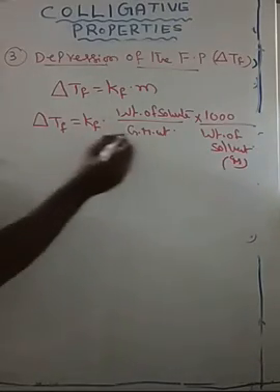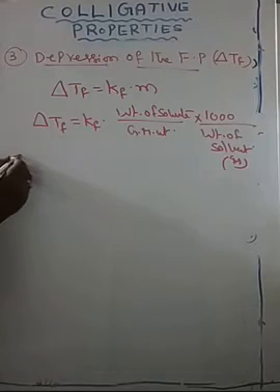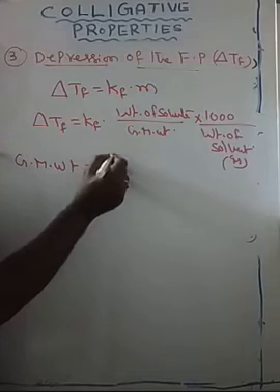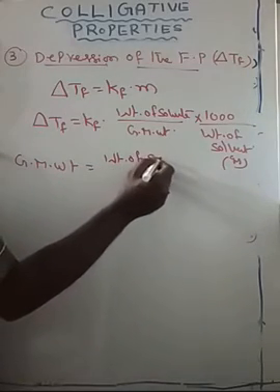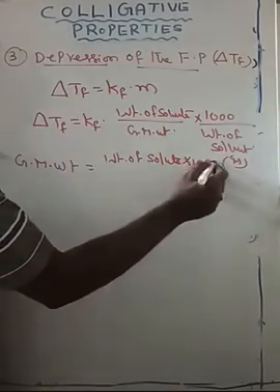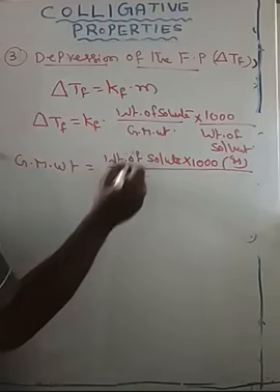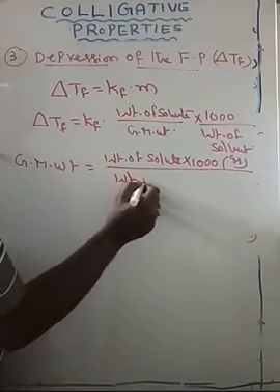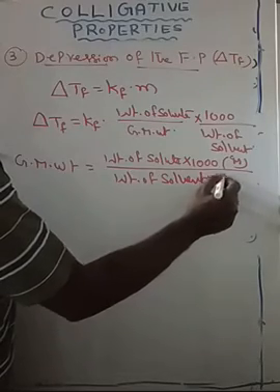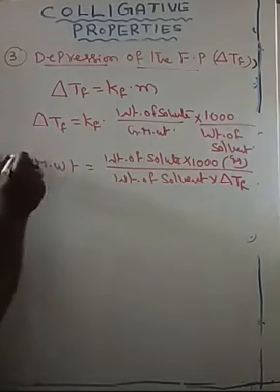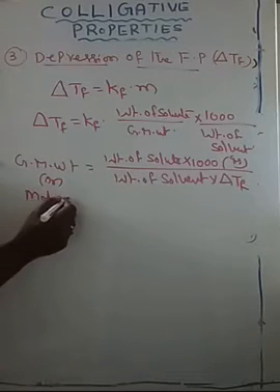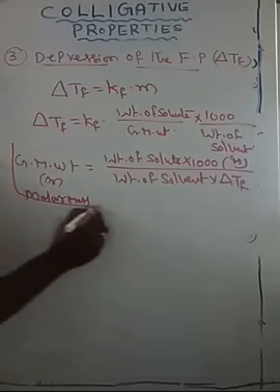Then we find the gram molecular weight. Gram molecular weight is equal to Kf into weight of solute into 1000, divided by weight of solvent into delta Tf. This formula is used for the calculation of the gram molecular weight or molar mass of the solute.